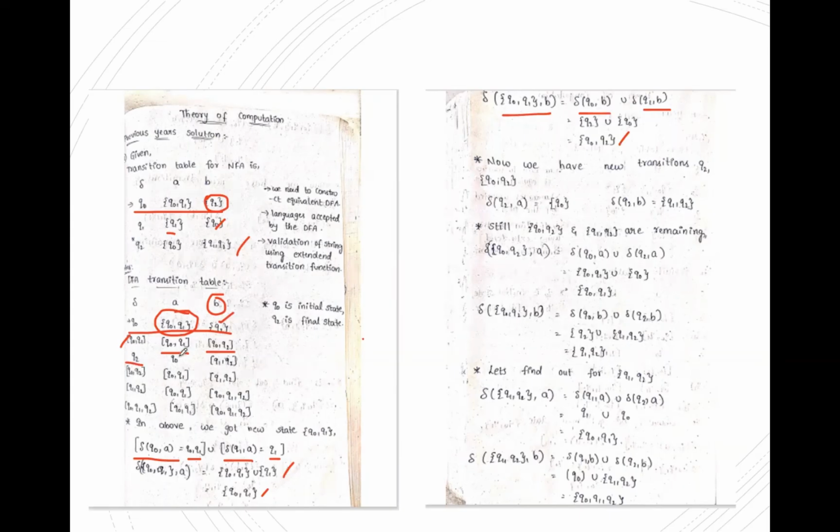So we need to find out Q2 on A. So this can be written as delta of Q2 on A and find it from the transition table. We got Q0. Then Q2 on B is Q1, Q2. So write it as it is. So here you can write Q2 as Q0, Q1, Q2.